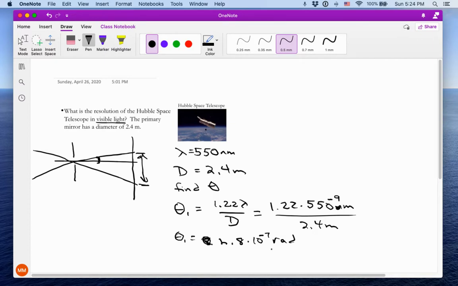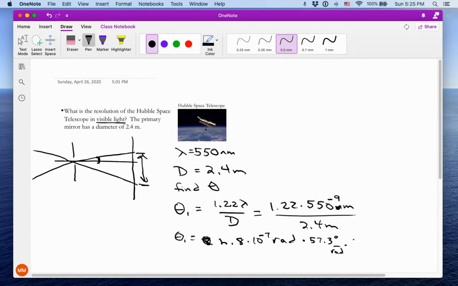If I want to find this, this is a pretty small resolution. That means I can distinguish stars that are pretty close together, in astronomy terms. So what I can do is multiply this by 57.3 degrees per radian.